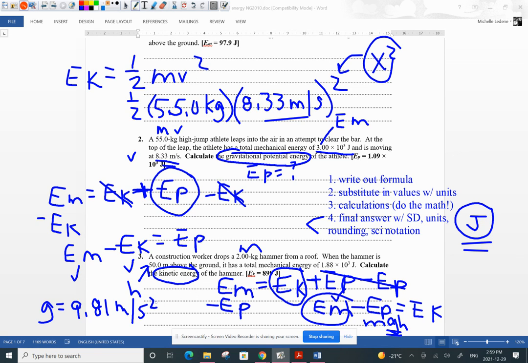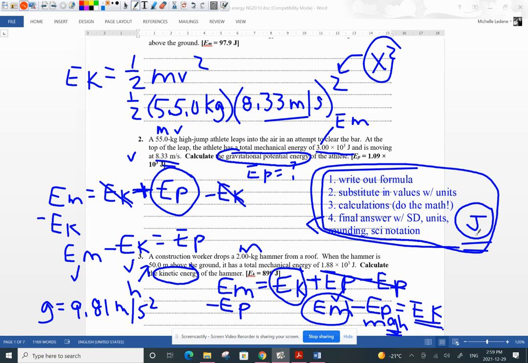So you know all those things. So you can solve it separately, or you can do it all in one step on your calculator. Doesn't matter to me, as long as you're doing all these steps. And your final answer, because it's kinetic energy you're solving, will have joules. How many sig digs? Well, let's see, there's 3 there, 3 there, 3 there. Final answer, 3 sig digs and in joules.